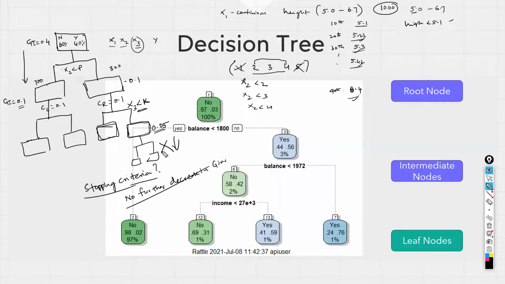Or if Gini has already reached 0, so let's say here Gini has reached 0, then there is no point attempting anything. What Gini 0 means: here all the observations, let's say we got 50 observations here that belong to no, and 0 observations that belong to S class.